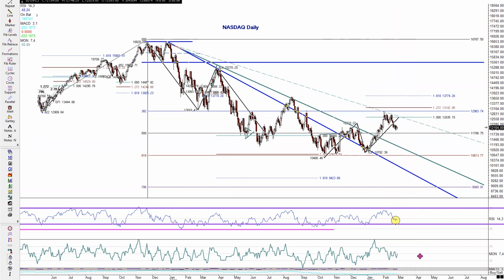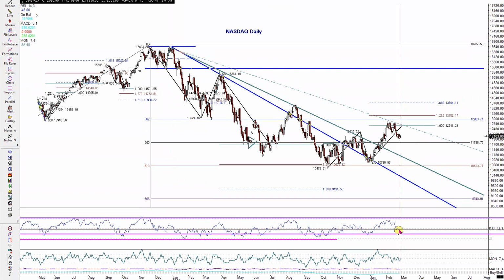And if we notice the RSI, I've got the RSI marked in here with the little yellow circle of what I'm currently looking at. So if we look, we can see that the NASDAQ on this last rally, notice how it broke above these peaks here, and the price as it broke this trend line really accelerated, and the RSI was confirming that strength.